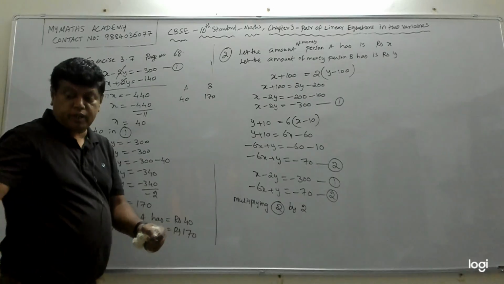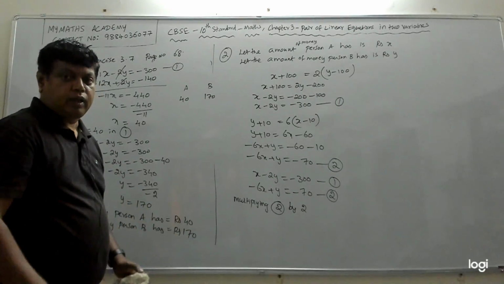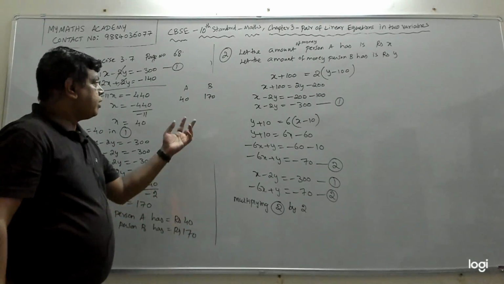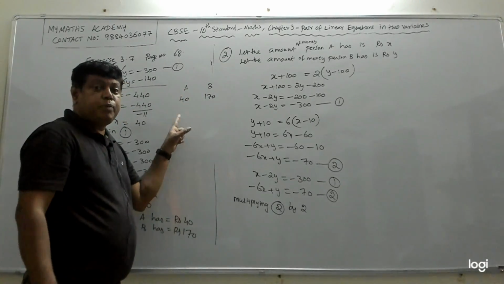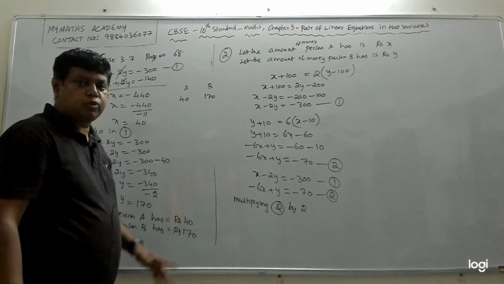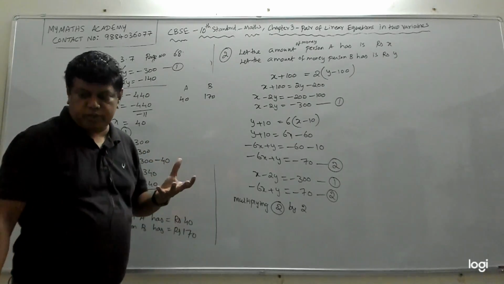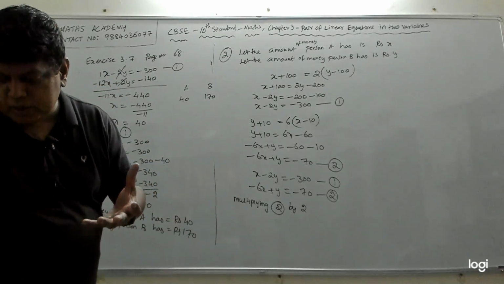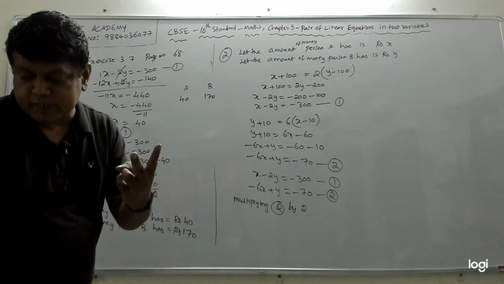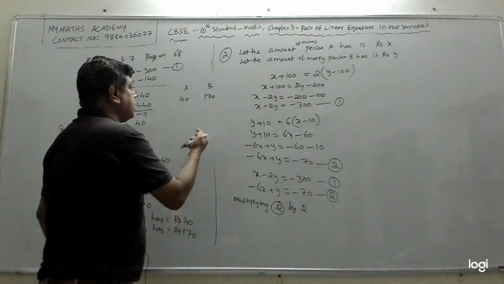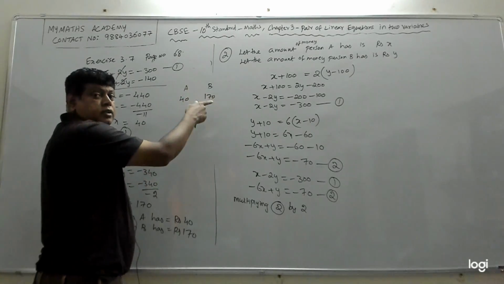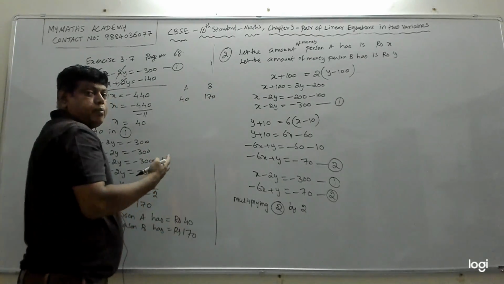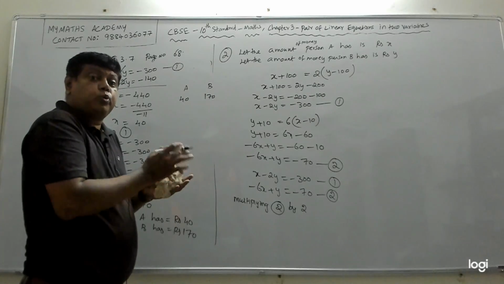Now if you read the statement back, A says, if you give me 100 friend, I shall be twice as rich as you. Which means if B gives 100 rupees to A, then A will have 2 times the money B has.